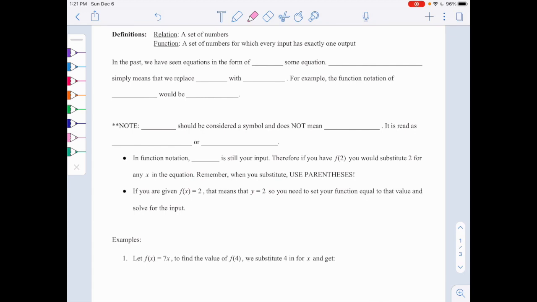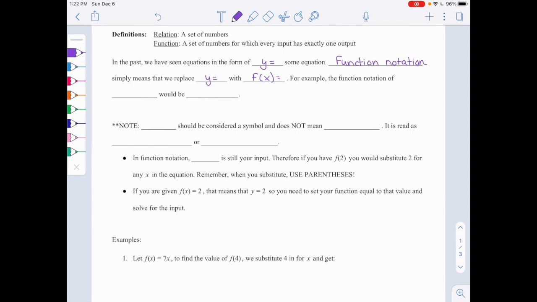It says, in the past, we have seen equations in the form of y equals. We know that, we're comfortable with that. Y equals some sort of equation, whether that's y equals 2x plus 5, or y equals x squared, or y equals the square root of x. But function notation simply means that we replace the y equals with f of x.